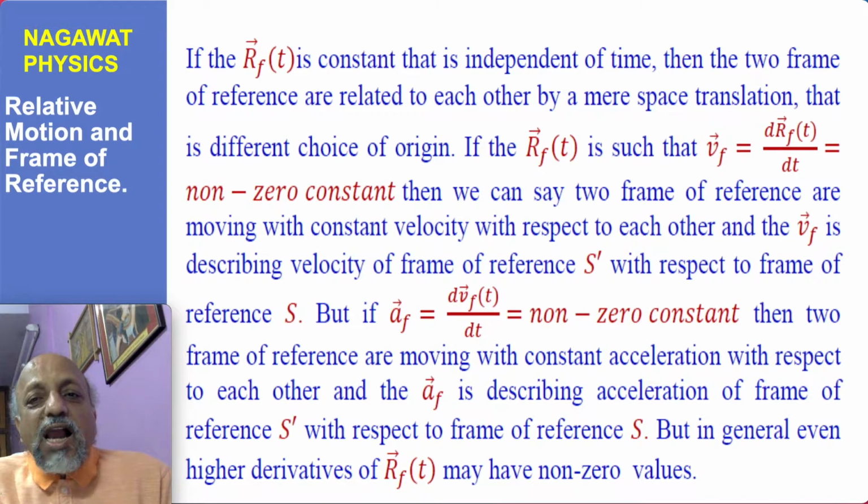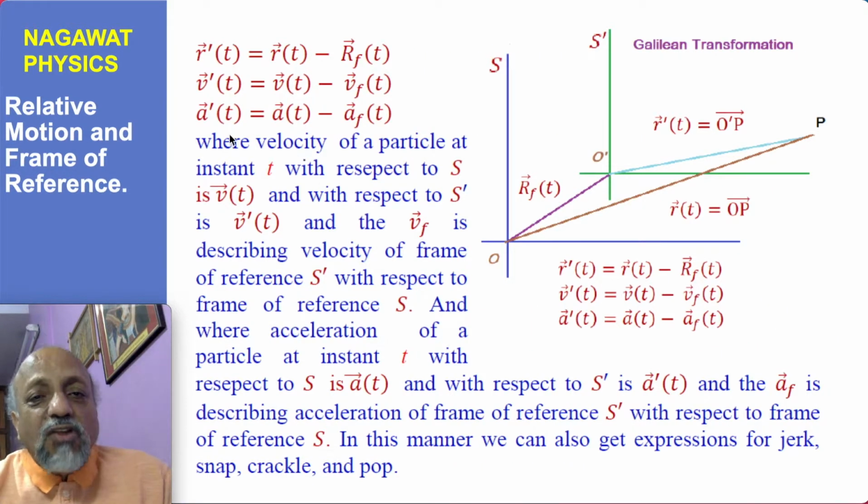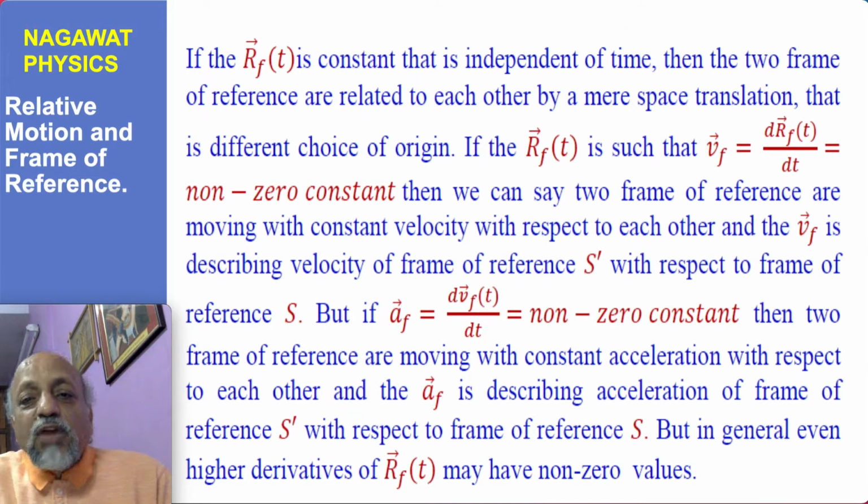Now suppose Rf is a function of time in such a manner that when you find its derivative, the velocity of the prime frame with respect to the unprimed frame, denoted by the velocity Vf vector, is given by the rate of change of the Rf vector with respect to time, and suppose this is a non-zero constant. So velocity is constant but its derivative is 0, therefore acceleration will not transform, acceleration would behave like an absolute quantity, but the velocity will get transformed from one reference frame to another.